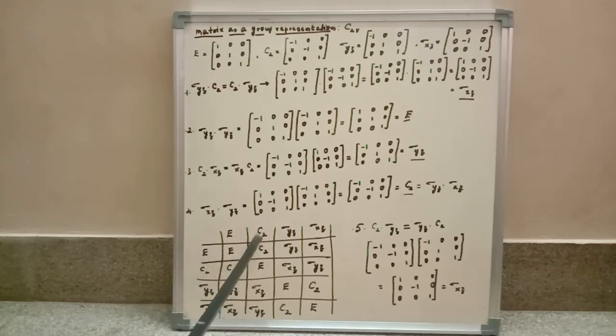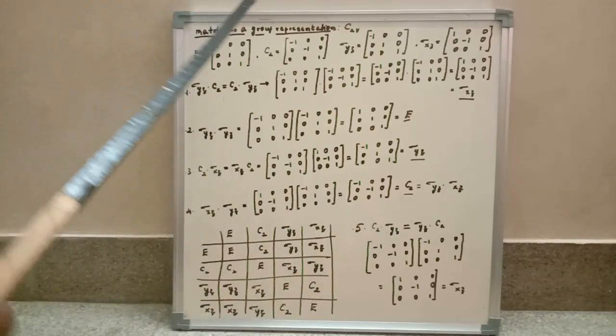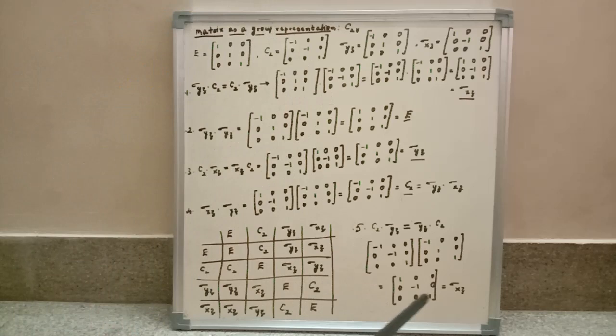That is, E into C2 is nothing but C2. Similarly, sigma yz into sigma yz is nothing but E, that is, if you do the sigma yz operation twice, it is nothing but the E operation. Similarly, you can get the remaining operations. This is how you can adopt matrix multiplication in the group multiplication table.